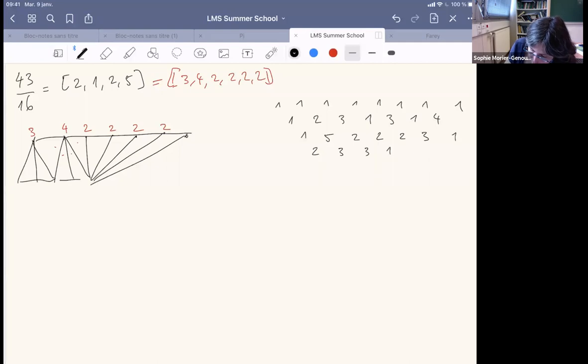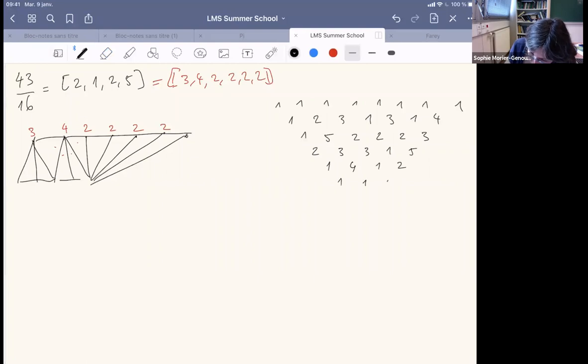3, 1, 5, and so on, and you will see that it will end with a row of 1, 4, 3, 1, 5, 2.